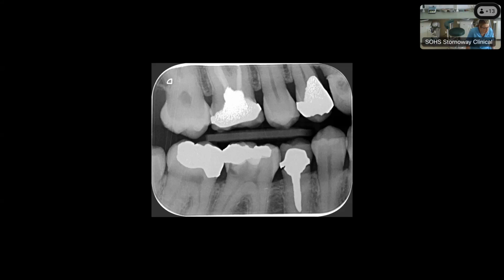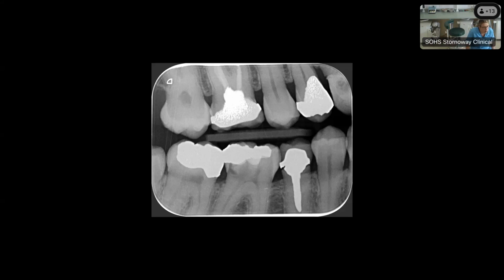There's a restoration in 4-7 and 4-6. Yep. And is there a root canal treatment in 4-5, or is it the post, I don't know. There's a post in the 4-5 for sure. Yeah. There may be a root treatment as well, but we can't see it. So there's definitely a post in it.